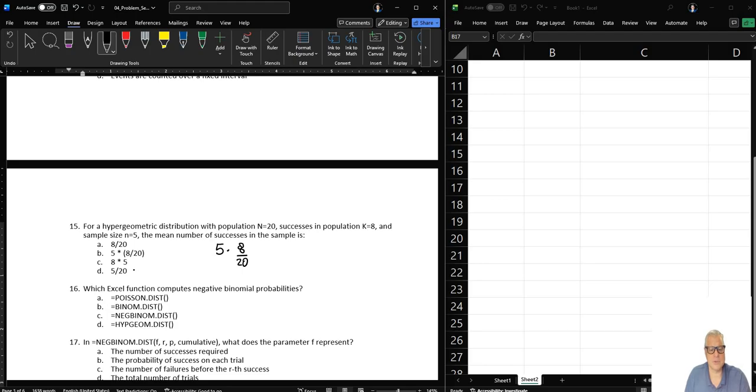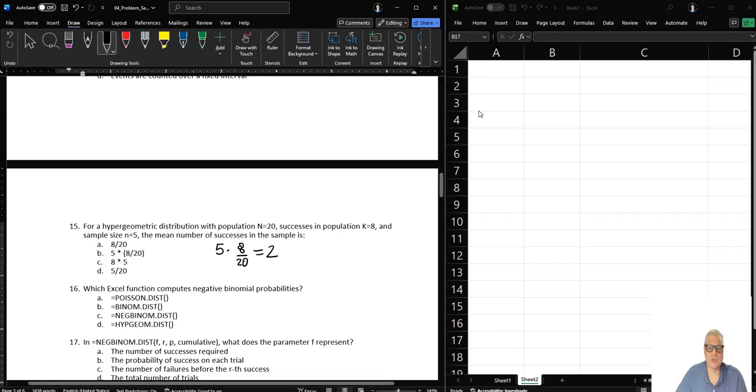But of course, after the second one, it would be 7 over 19 or so. So let's take a look at this distribution and see what we get. But I'm very sure the correct answer is 40 over 20, which is 2.